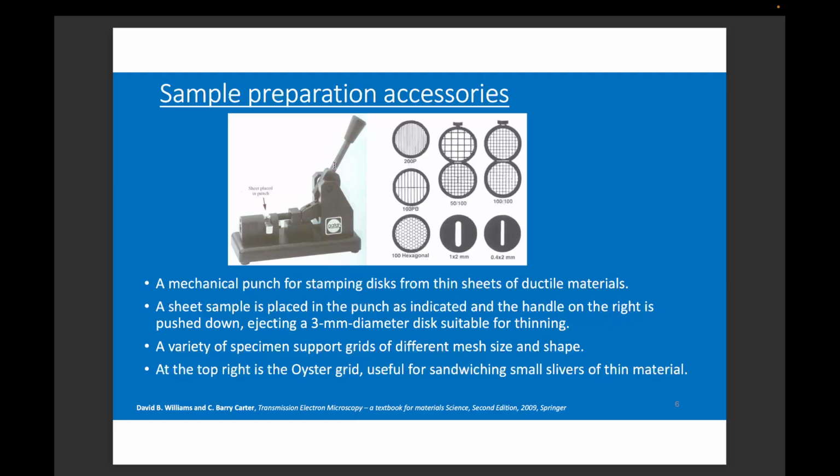So first we slice the 50 mm diameter material using a diamond saw, which we saw in the video, then we mechanically polish it, and finally when the thickness is less than 100 micron, then we go for this mechanical punch, and here the sample will be placed. And once we move this handle towards the right side, we will be able to extract the disc.